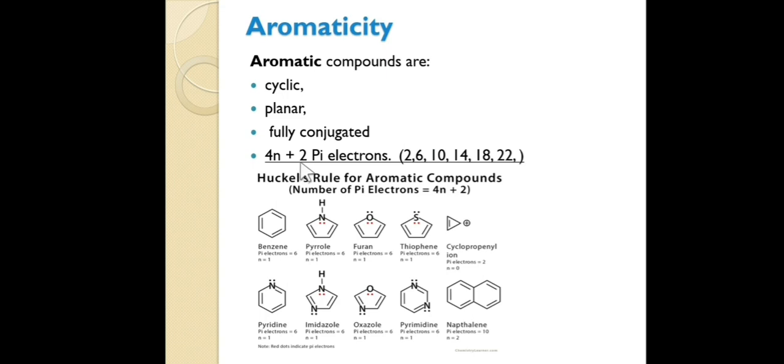So any compound that is cyclic, planar, fully conjugated and obeys the 4n plus 2 pi electron rule is called aromatic. A few examples we have discussed.